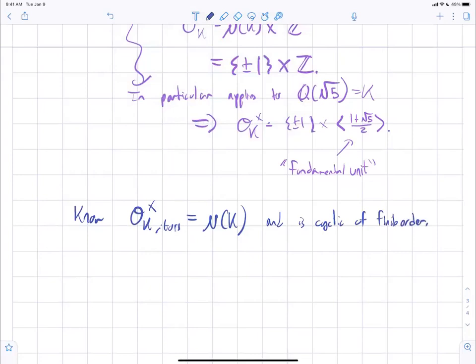So we only need to take the quotient by this, understand that group, and show its rank is r plus s. Okay, that will come up in a second.